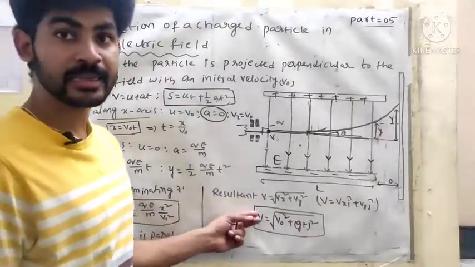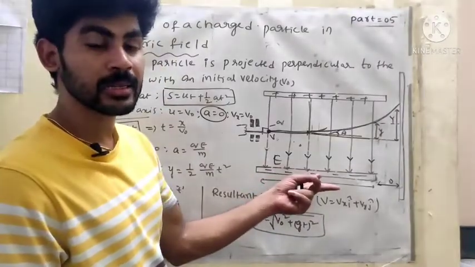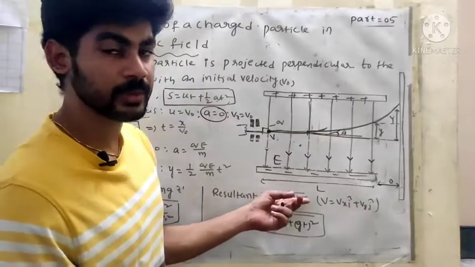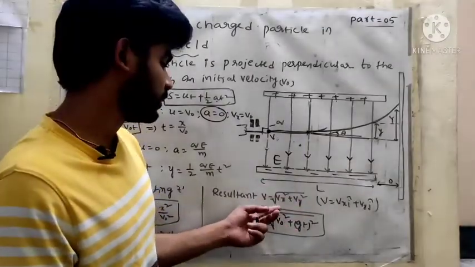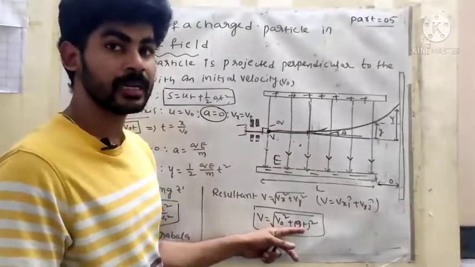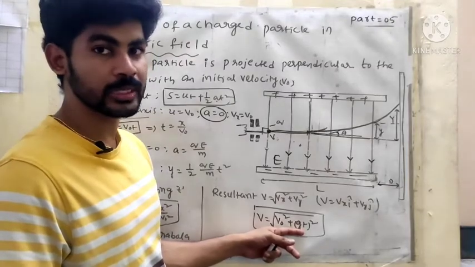Here I am calculating the resultant velocity. The resultant velocity v is equal to root of v square x plus v square y. We know that formula. Vx horizontally is V0, and vertically Vy is equal to gt, or root 2gh, you can take either, no problem.